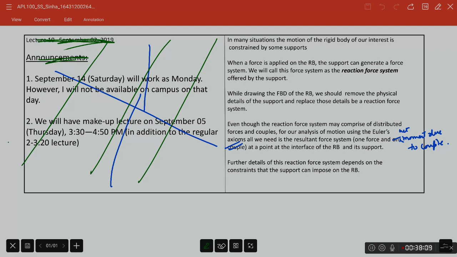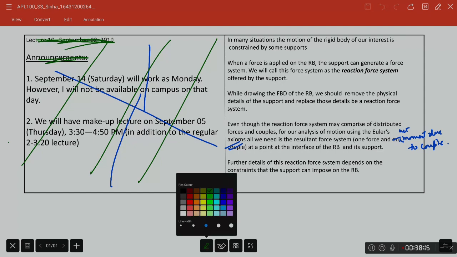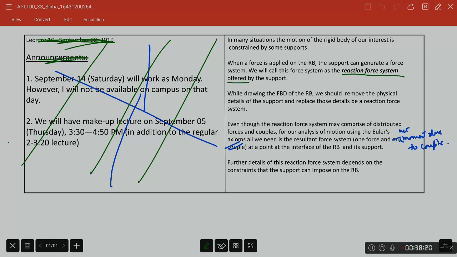In many situations the motion of a rigid body of our interest is constrained by some supports. When we apply forces on the RB, these supports also generate a reaction force system. Now, if our interest is to draw the FBD of an RB, we should remove the physical details of the support and replace those details by a reaction force system.